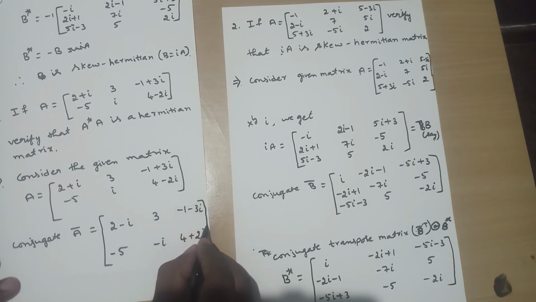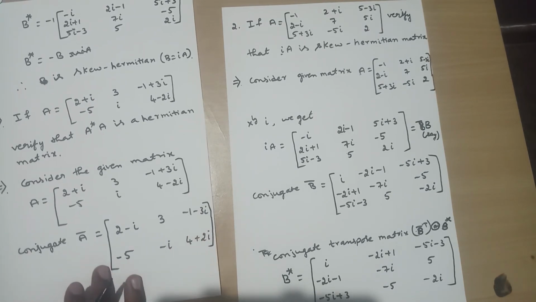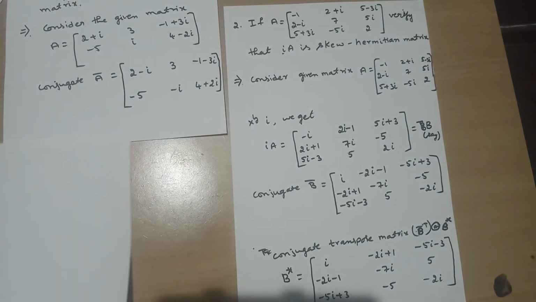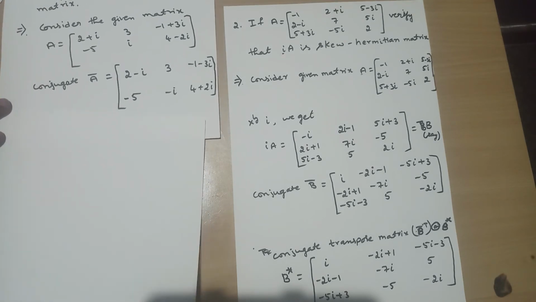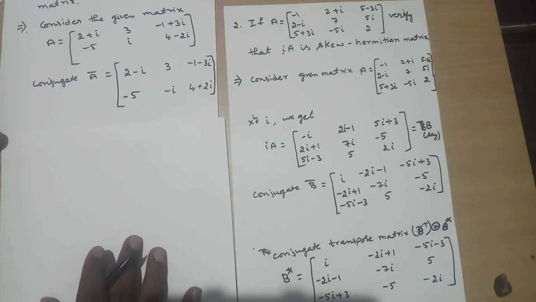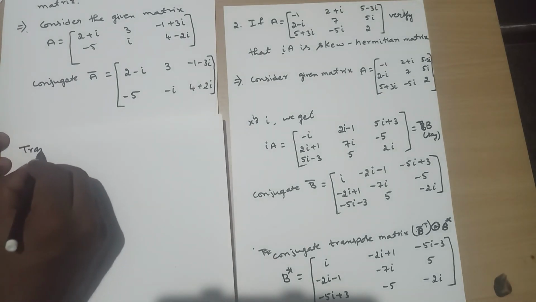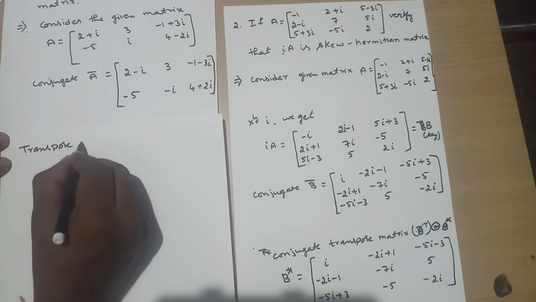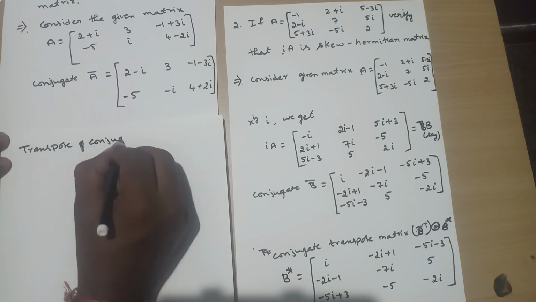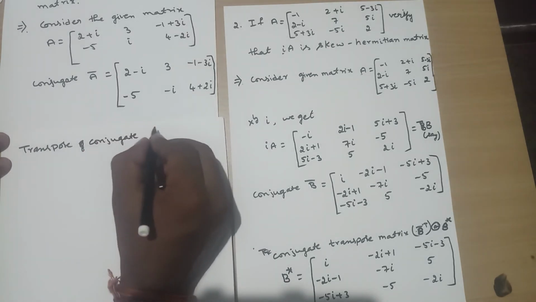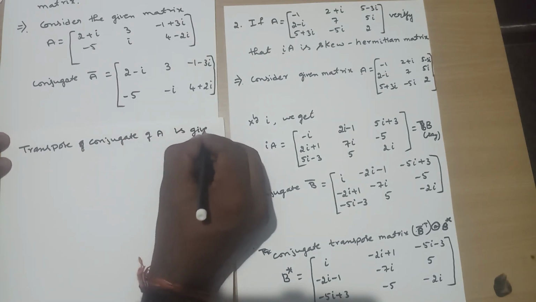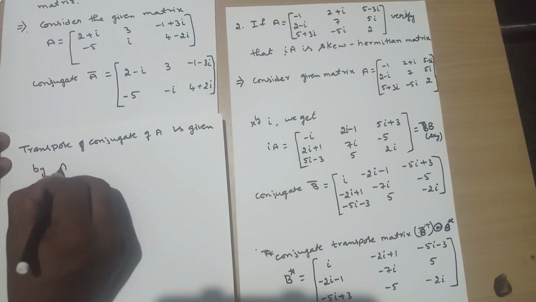So take its transpose. So if you take the transpose of the conjugate of A, it is given by A star.